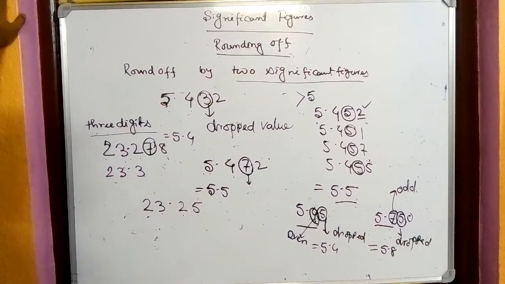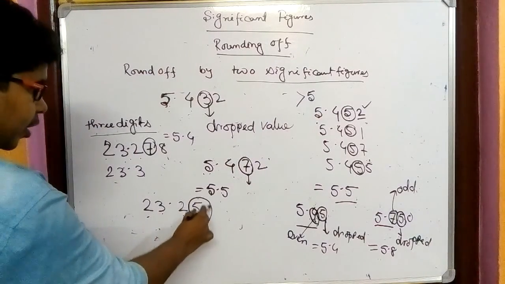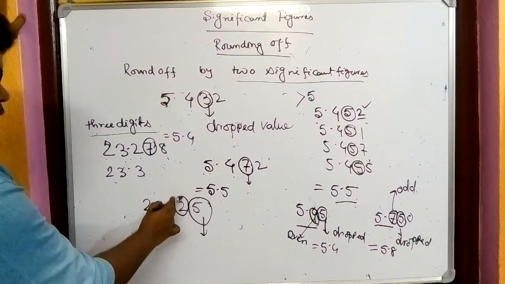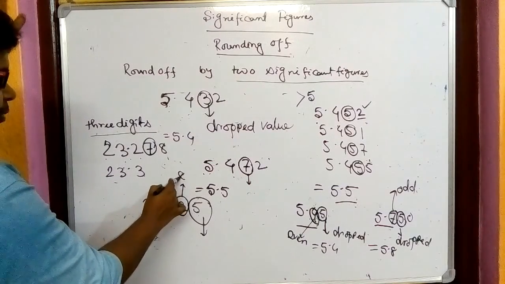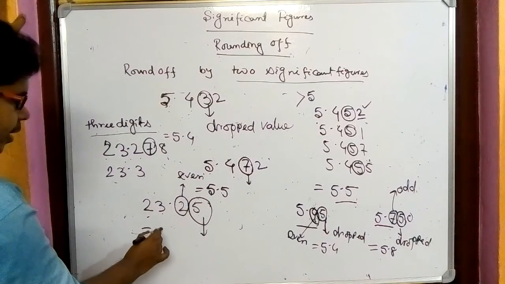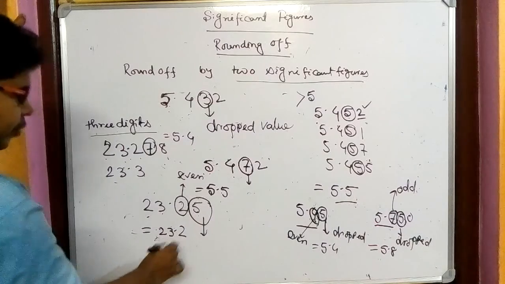Here it is 5 and this 5 is the dropped value. The previous number before the dropped value is even, and that's why it should stay as it is, that is 23.2.